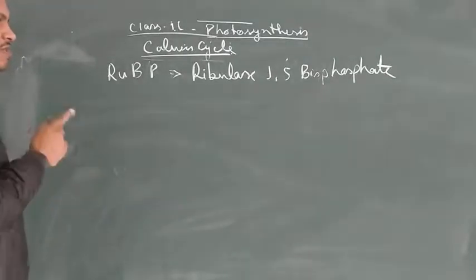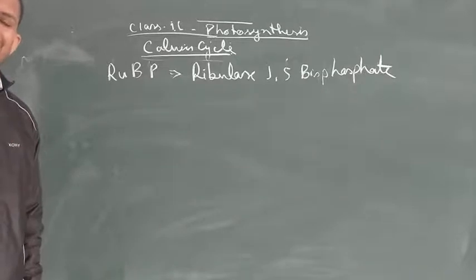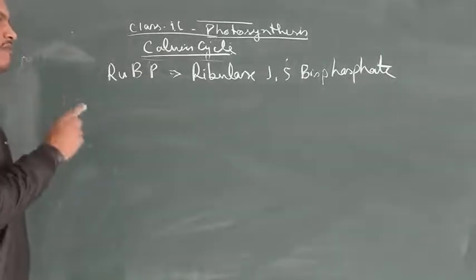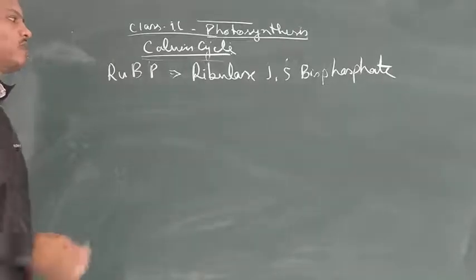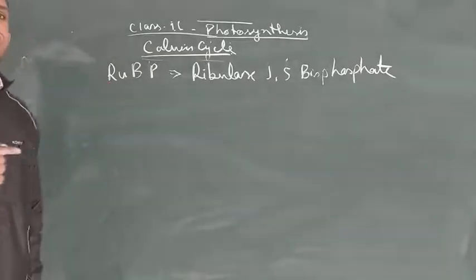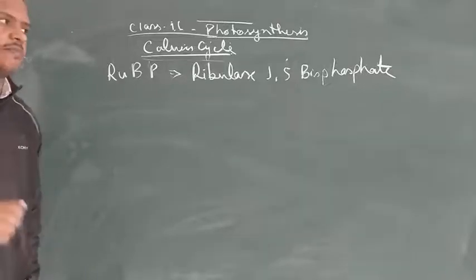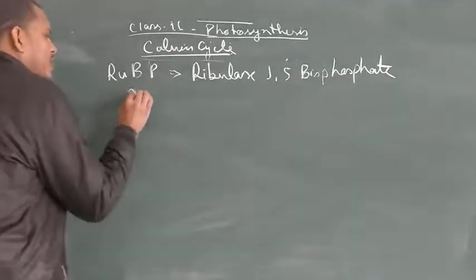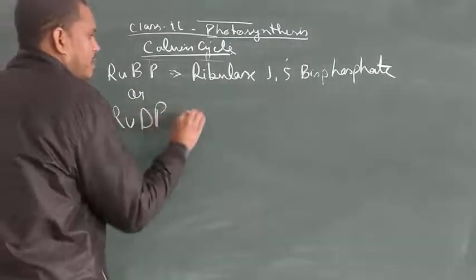This is the molecule present abundantly in the biome, on earth, because each plant undergoing photosynthesis or the Calvin cycle must have this RUBP as its carbon dioxide acceptor. It is also written as RUBP, ribulose 1,5 diphosphate.